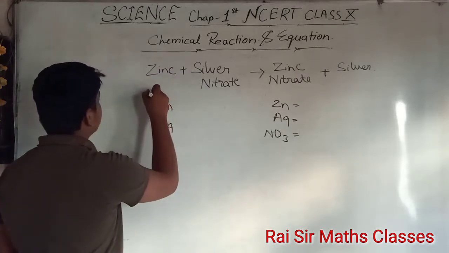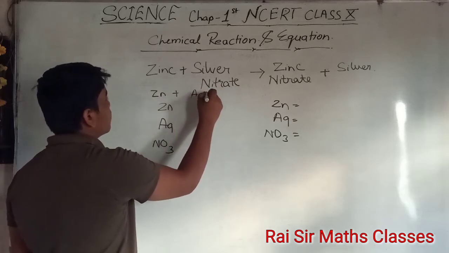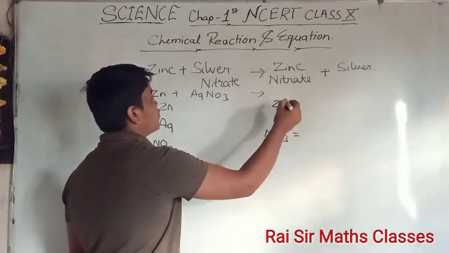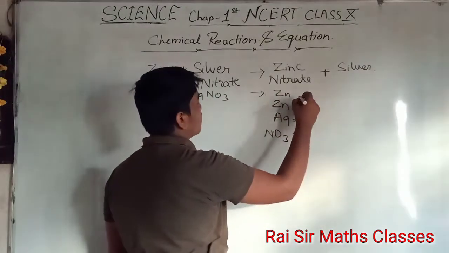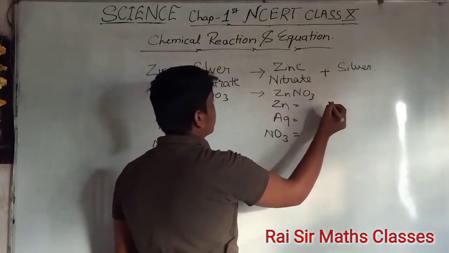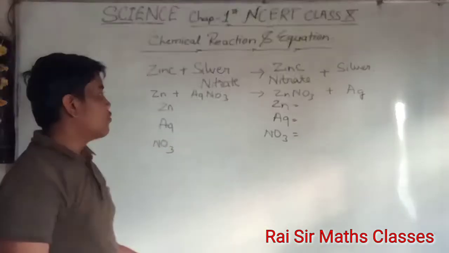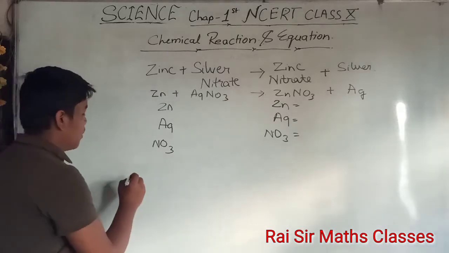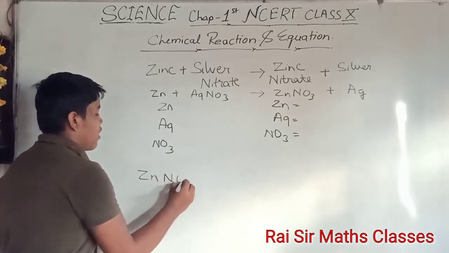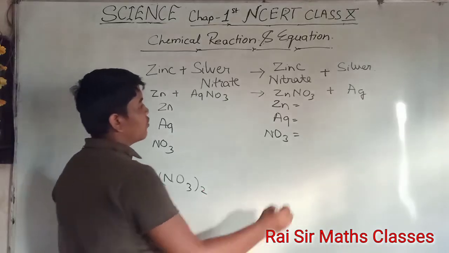So it is having Zn plus AgNO3 will give you ZnNO3 plus Ag. But as we know that zinc nitrate we have to write in the form of Zn(NO3) whole twice. So we are going to write like this also.